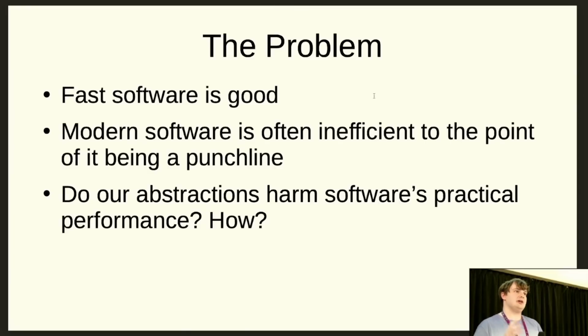Okay, going to jump right in with a problem statement. Fast software is good. Everyone can kind of agree on that. And it's become kind of a punchline at this point. People will joke about, you know, NASA went to the moon with however many kilobytes of RAM, and now I need 3 gigs to open a few tabs in Google Chrome or whatever. So there's clearly some reason that this kind of slowdown, this inefficiency can happen.